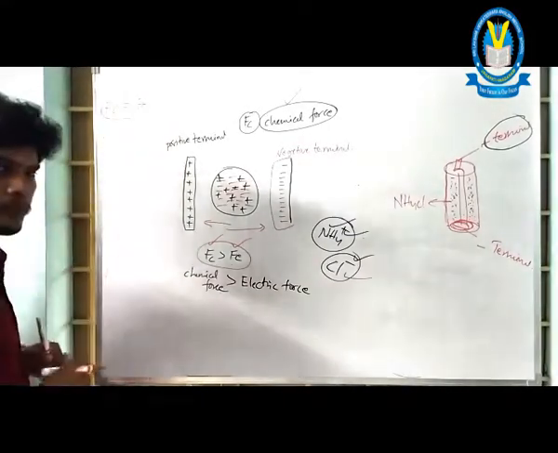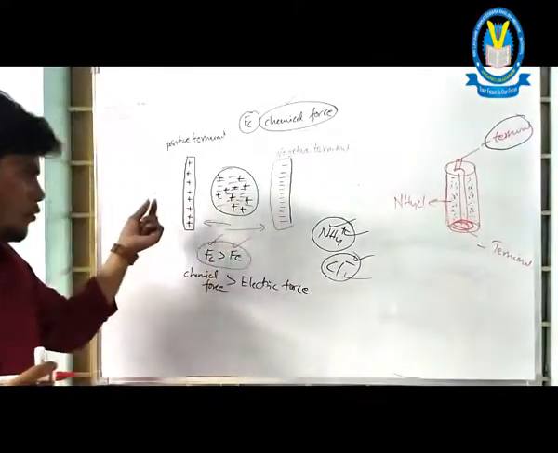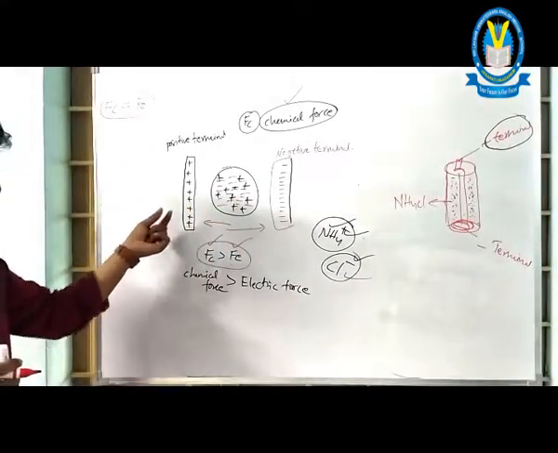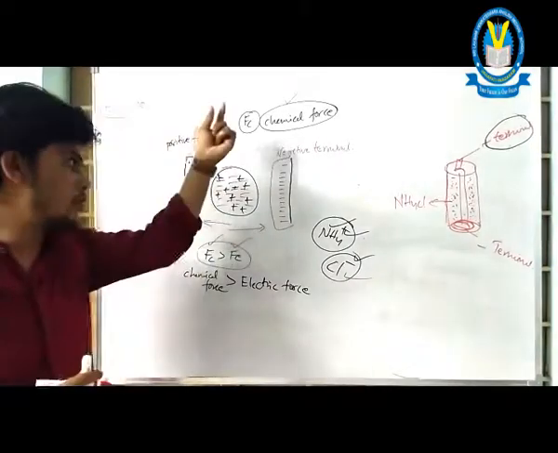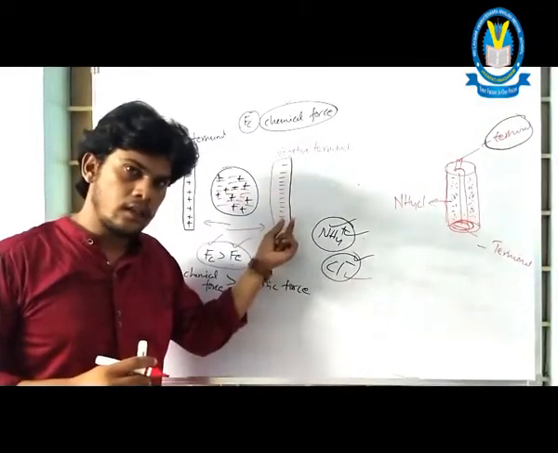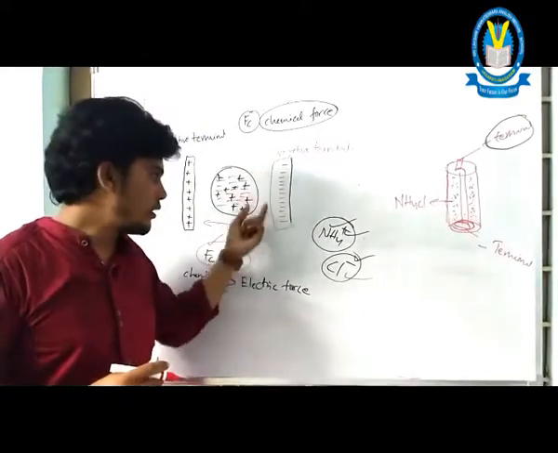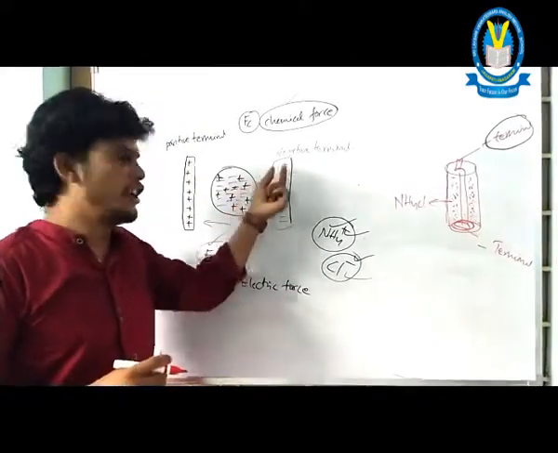Are you clear? The positive charges move to this terminal, then this terminal becomes the positive terminal. The negative charges move to this plate, then this plate acts as the negative terminal.